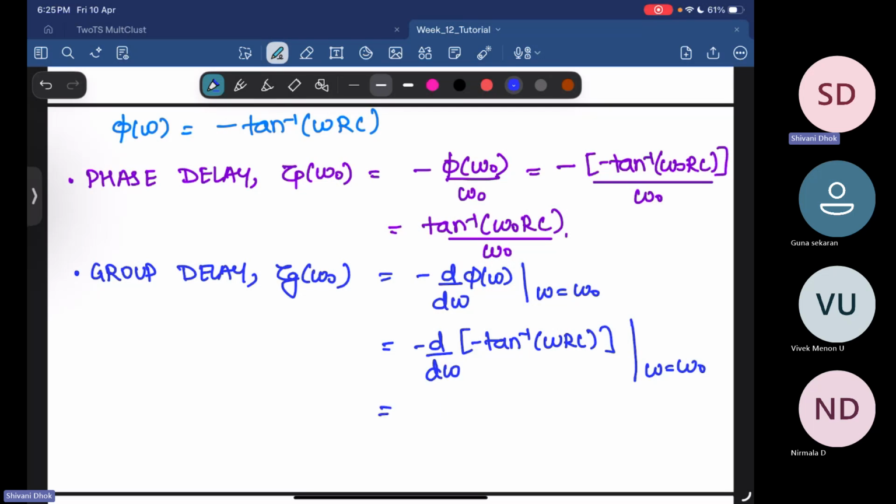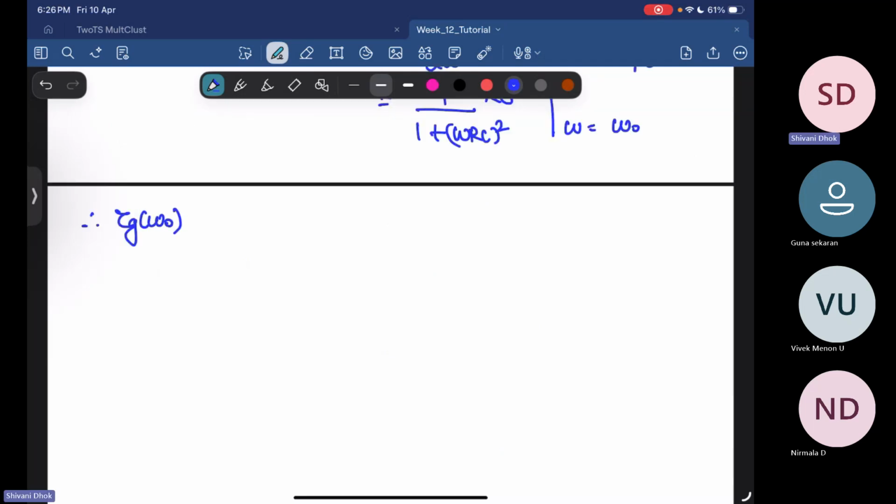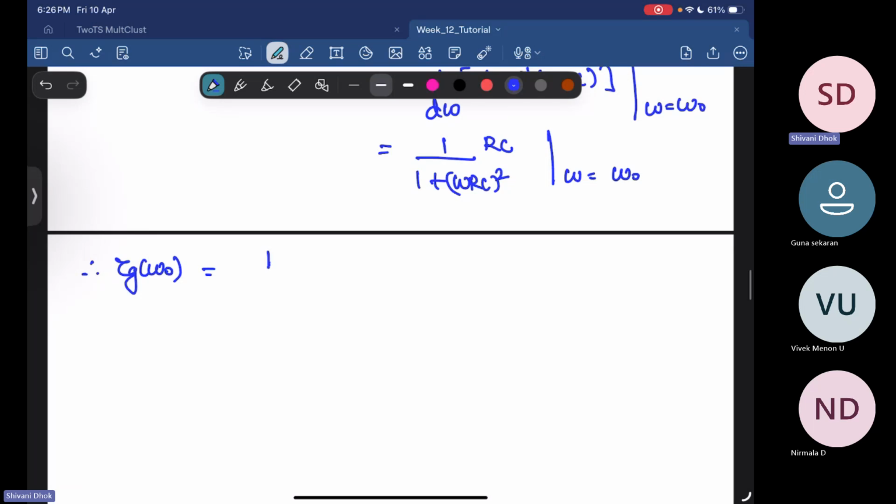So this comes out to be equal to 1 upon 1 plus omega RC whole square into derivative of omega RC. So tau g of omega naught is equal to RC divided by 1 plus omega naught square R square C square.